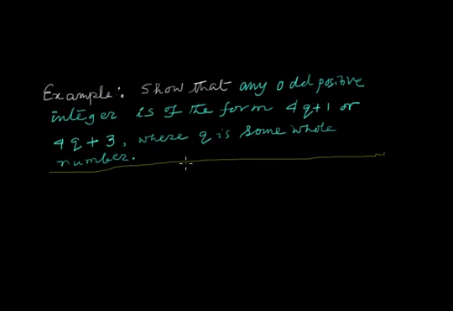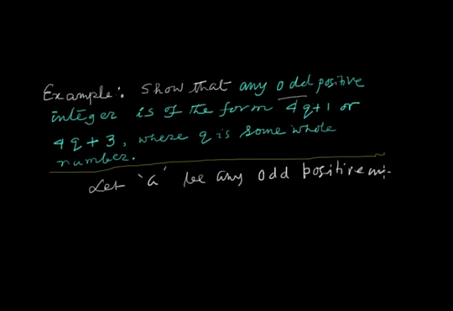Now see, show that any odd positive integer is of the form 4q plus 1 or 4q plus 3. So first we take any odd positive integer. Let a be any odd positive integer.